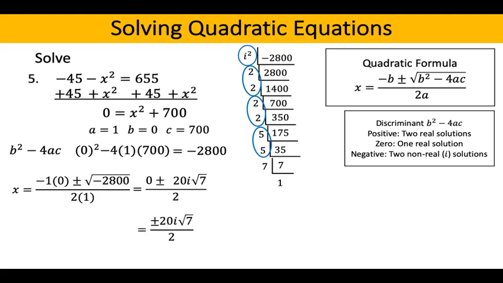So we just have a positive negative 20i, the square root of 7, divided by 2. We can divide by that 2 to get our solution, plus or minus 10i, the square root of 7. So our solution is negative 10i, the square root of 7, and positive 10i, the square root of 7.